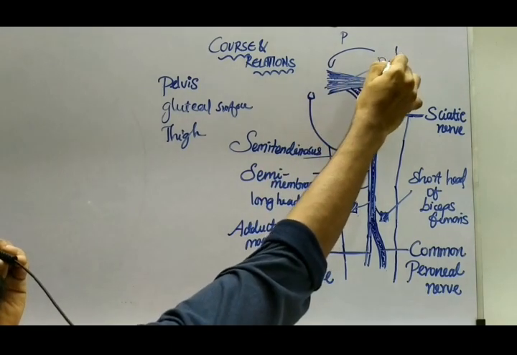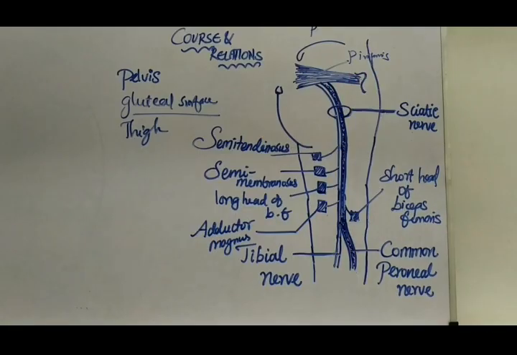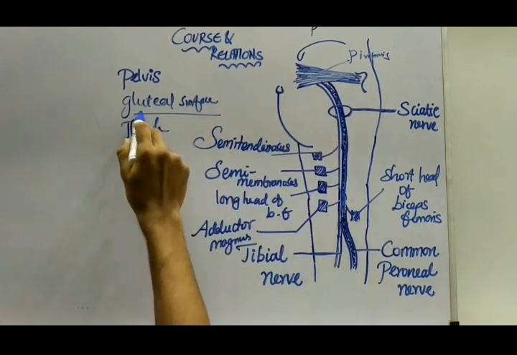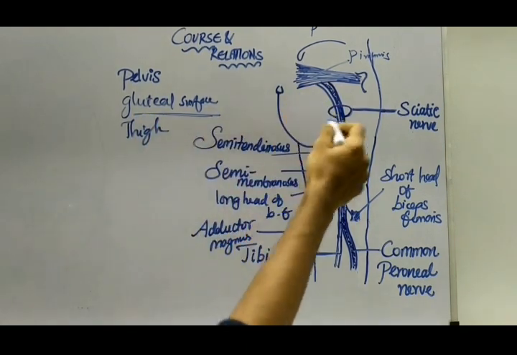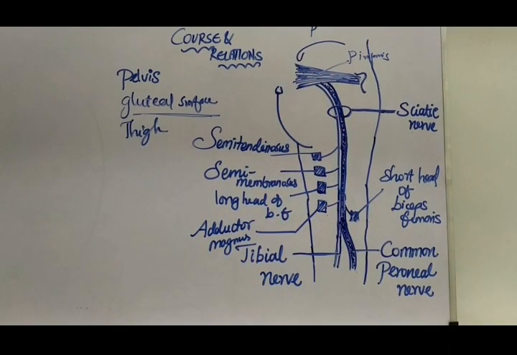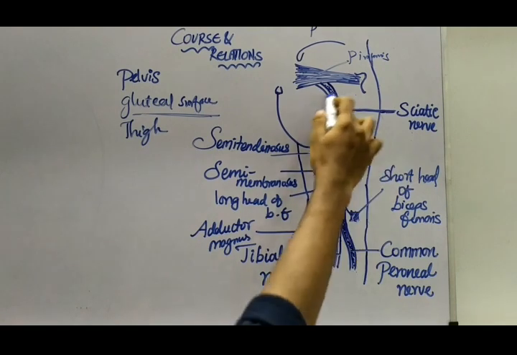This is the piriformis muscle. After passing in front of the piriformis, it then enters the gluteal surface through the greater sciatic foramen, which is present here. I'll show. And in the gluteal region it runs downwards slightly lateral.